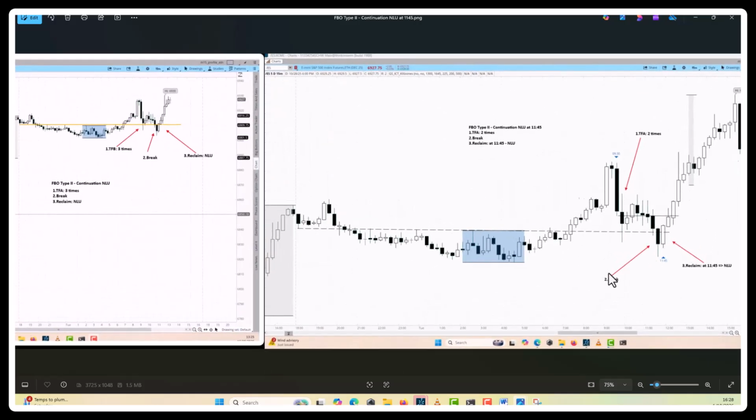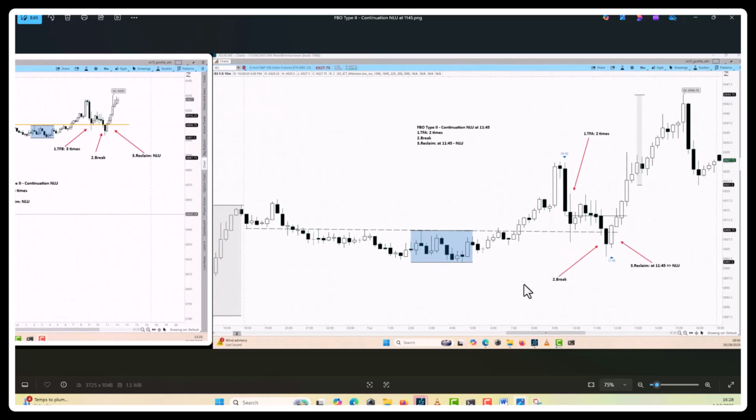That is the type 2, you know, continuation. But if you look a little far to your left, you can see it can overlap with the type 3 right here. You see that? So that level, it breaks 1, right?